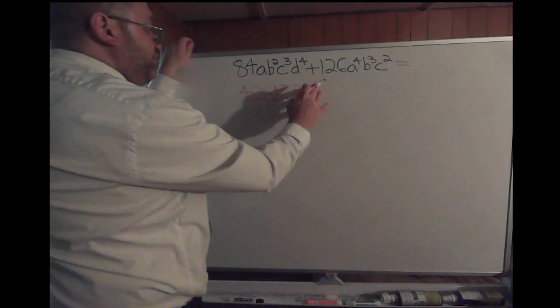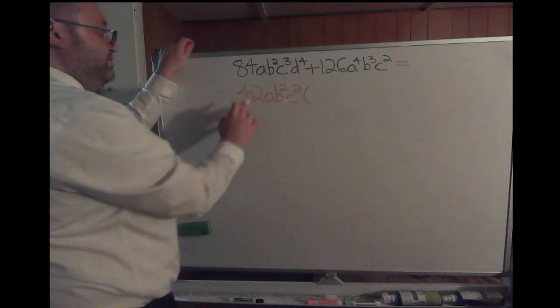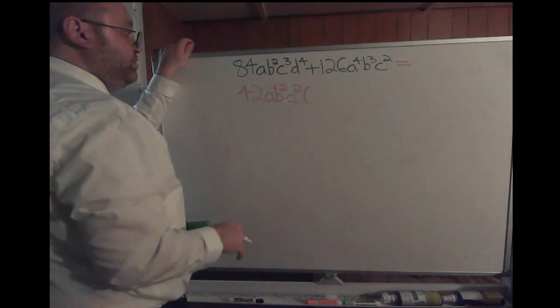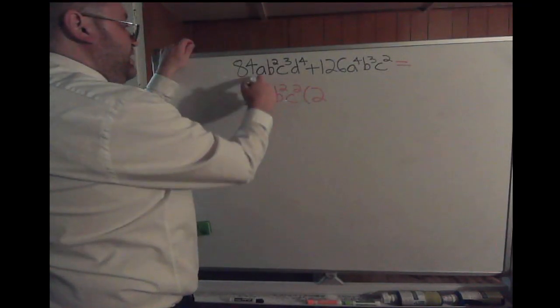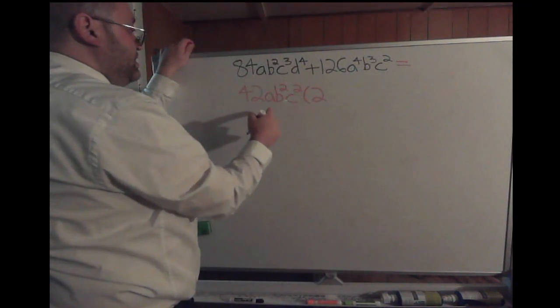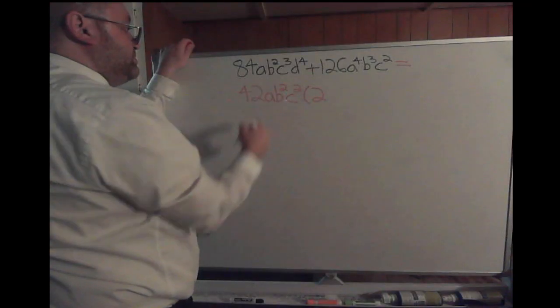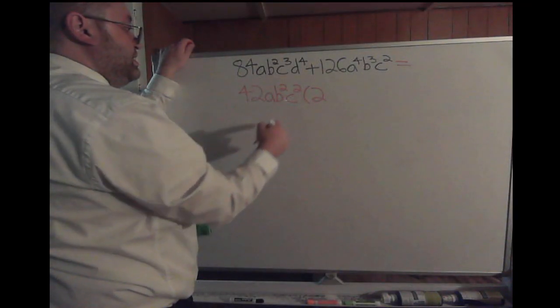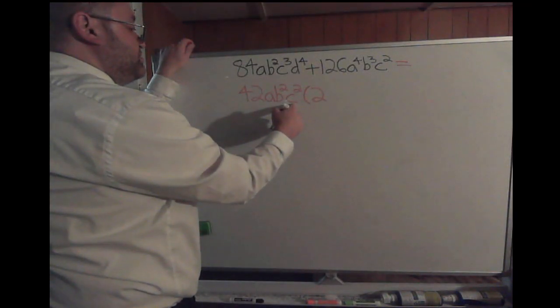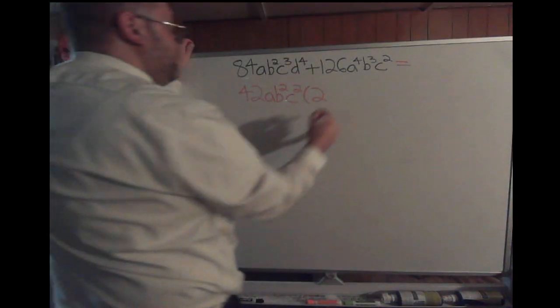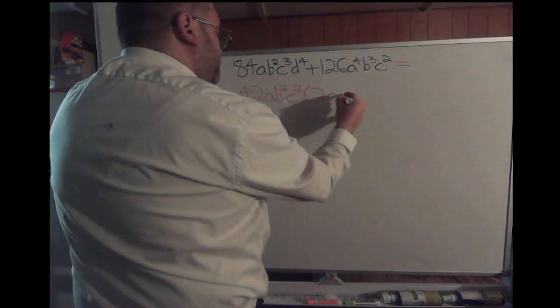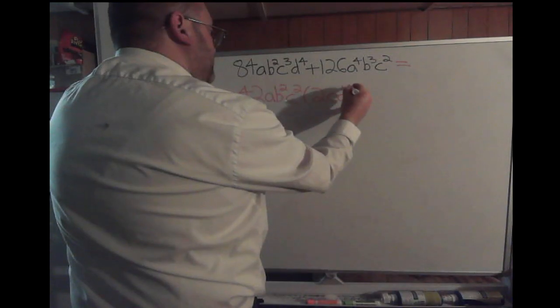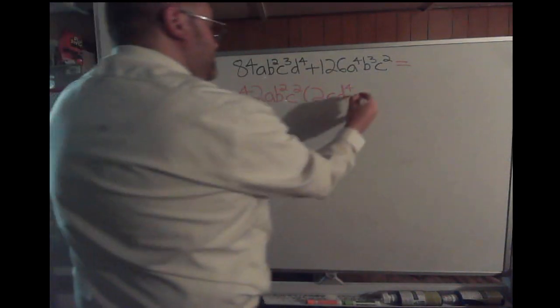Now we can form our parenthesis and start with each term. 42 times what equals 84? Well, that'd be 2. A times what equals a? That'd be 1. B to the second times what equals b to the second? That'd be 1. C to the second times what equals c to the third? That'd be c. Then we just got that d to the fourth that we can't do anything with.